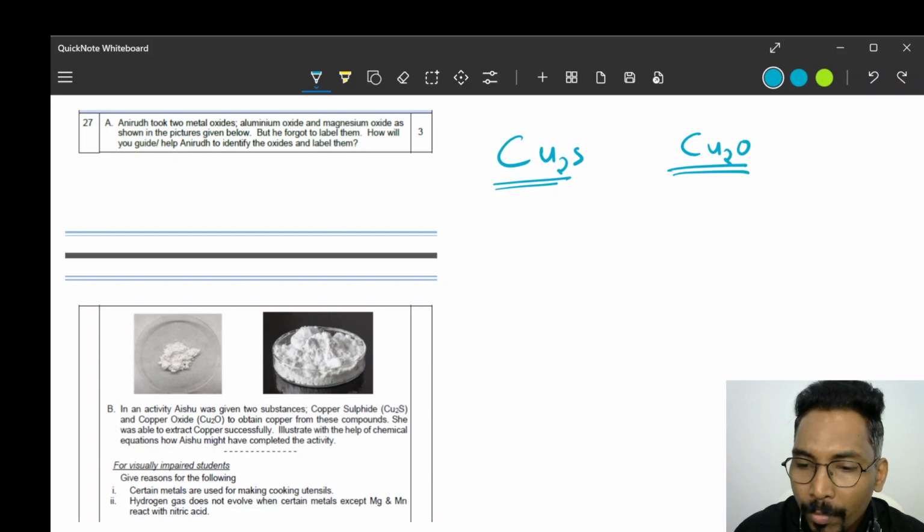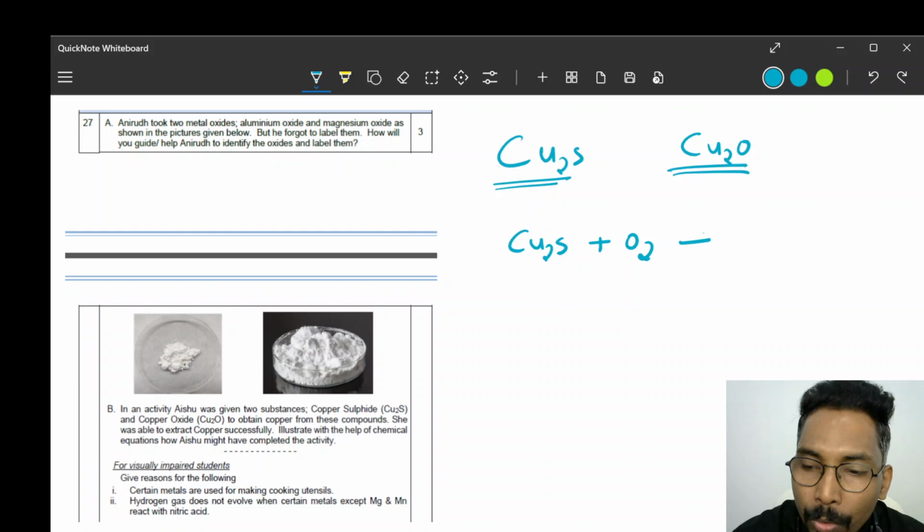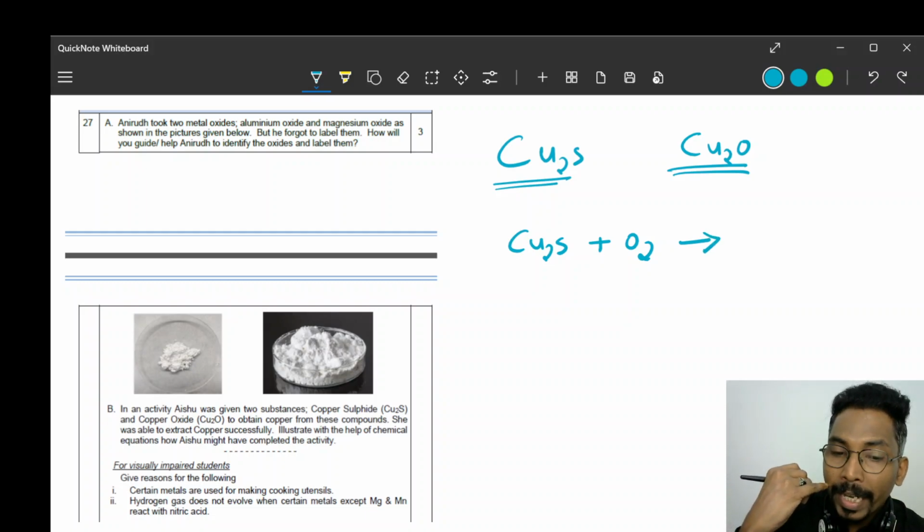So first one, copper sulfide, Cu2S, you have to heat in presence of air. Copper sulfide plus O2 gives, you will get what?